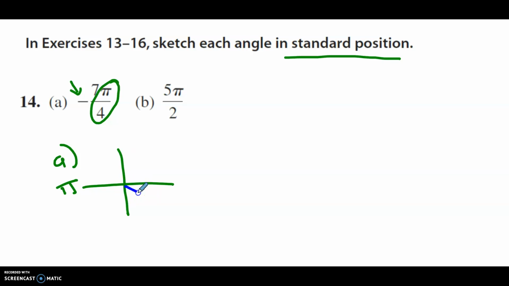So I'm going to go 1, 2, 3, 4, 5, 6, 7, 8. That's going to give me the 2 pi. And I want 7 of them in a clockwise rotation, so there it is. I just sketched it in standard position. You see the initial side and the terminal side is where that arrow ends.